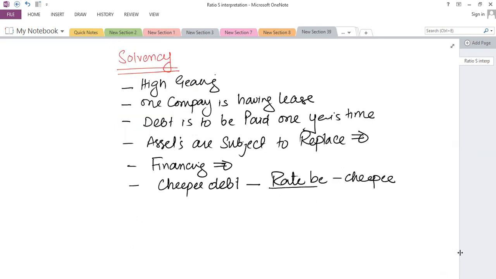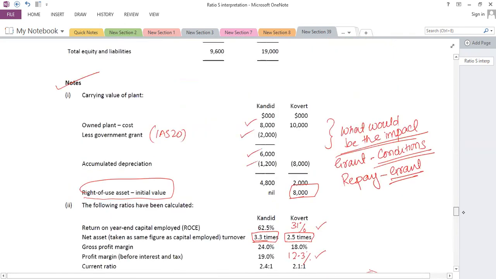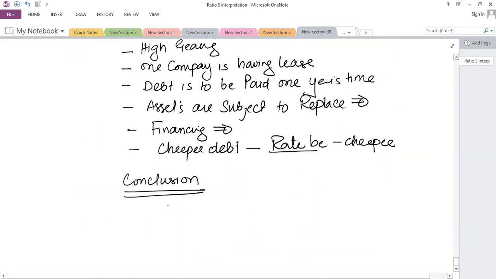So this is the overall position, and the conclusion from my side is, if you want to acquire one company, on the basis of profitability, on the basis of liquidity, Candid is a better candidate. Overall Candid is a better candidate.